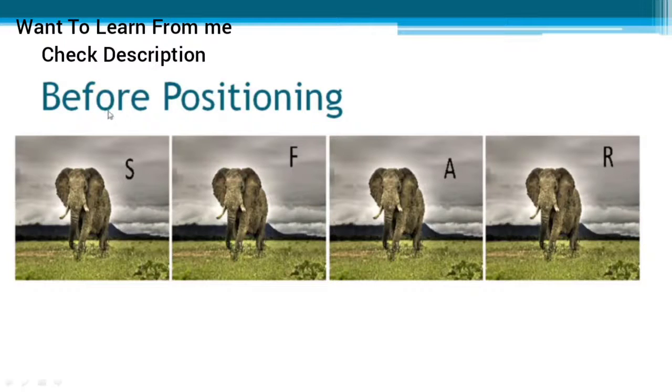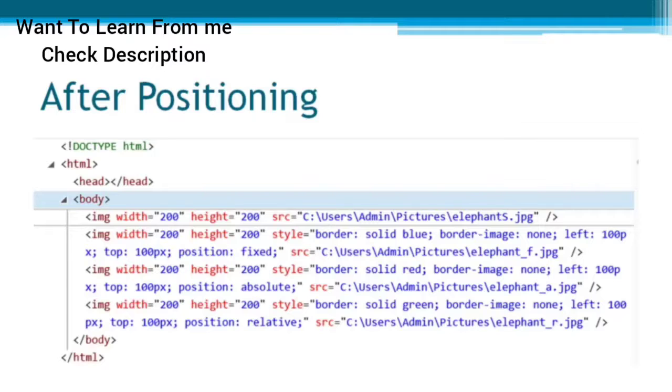So it should be somewhere here. Again, absolute also will follow the same from the top left, because that is the container for it. So it should also be overlapping the fixed image.